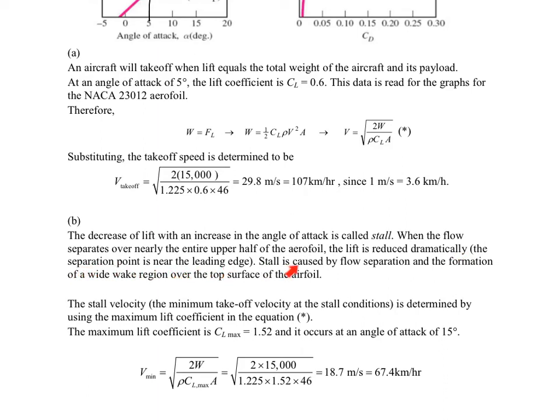As we mentioned earlier, stall is caused by flow separation and the formation of a wide wake region at the top of the aerofoil. To a certain extent, this is a repeat of question 7, but all the same, in your course, it's very important you understand the meaning of stall, what really happens during stall.